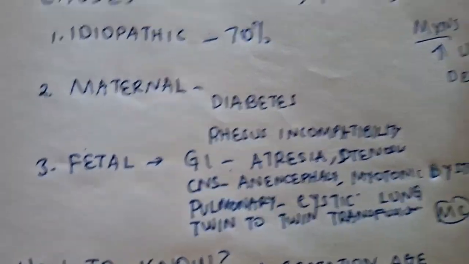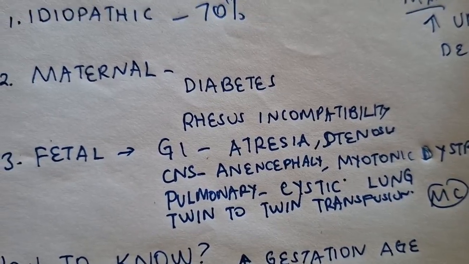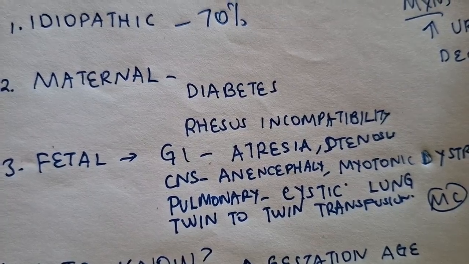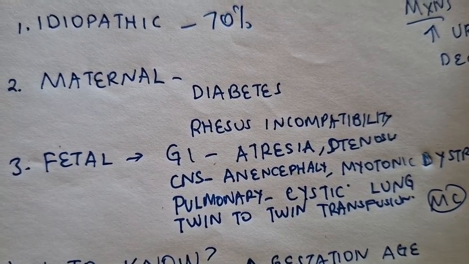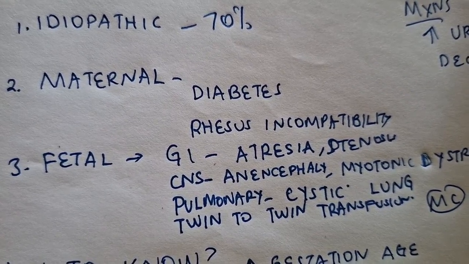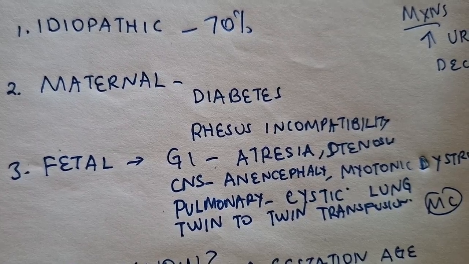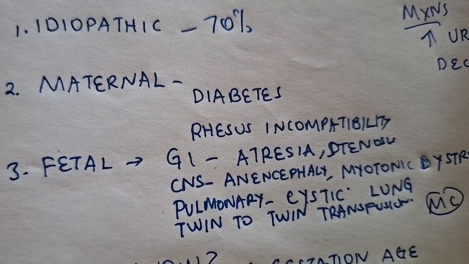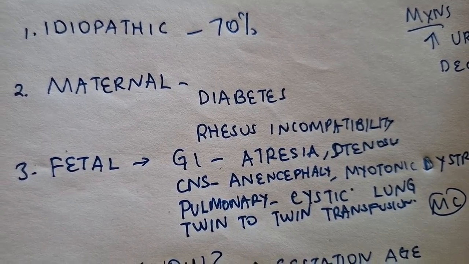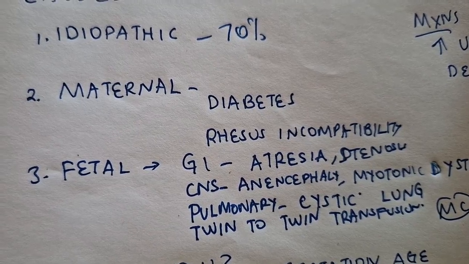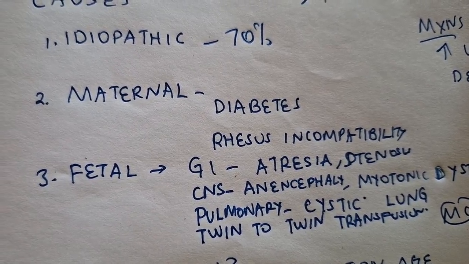Among the causes that lead to decreased absorption is blockage or discontinuity in the gastrointestinal system. This is an example of atresia, where we do not have a complete digestive system. We may have a discontinuation at the esophagus, called esophageal atresia.